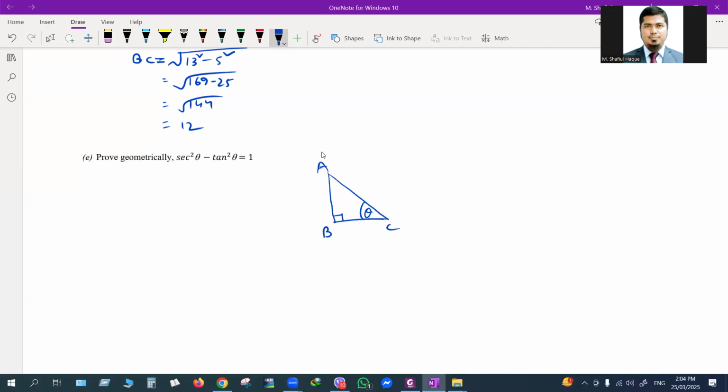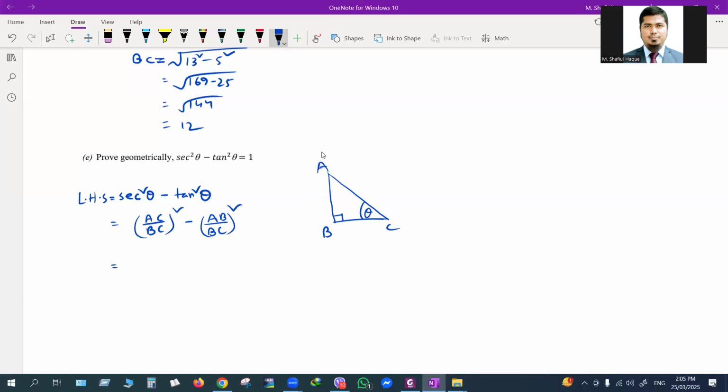Sec square theta minus tan square theta is equal to 1. If we write sec square theta minus tan square theta as the left hand side, sec theta means hypotenuse by adjacent, that is AC by adjacent BC, and tan theta means opposite by adjacent, that is AB, this is the opposite, and the adjacent is BC.